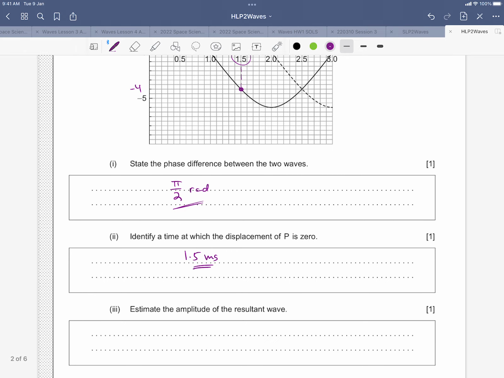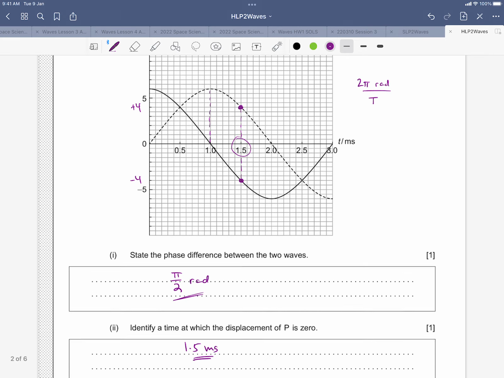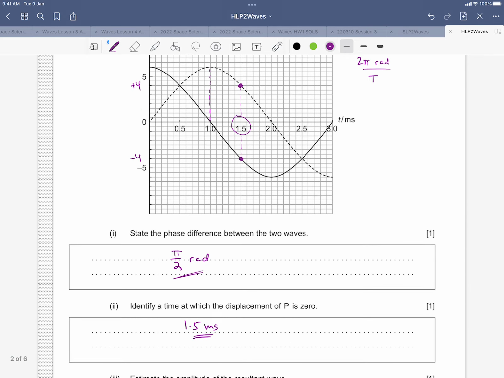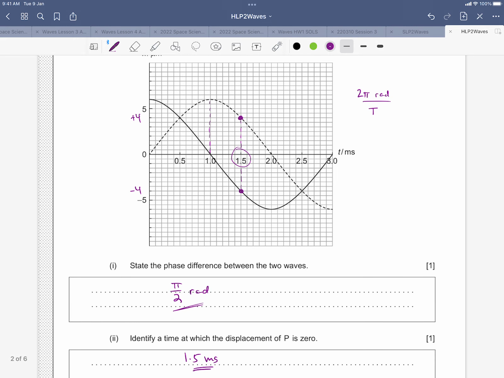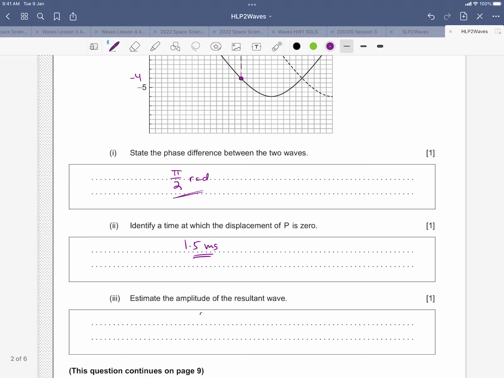And estimate the amplitude of that oscillation at this point. And what we have to do is look for the largest possible sum we can get, which happens at this point. And if we're getting a displacement of 4 from each wave at this point, then the amplitude of the resultant wave is going to be 8 micrometers.